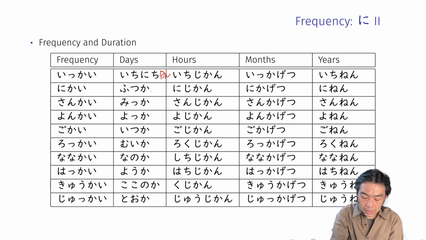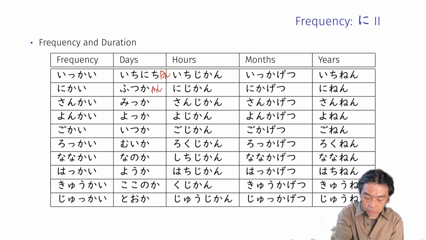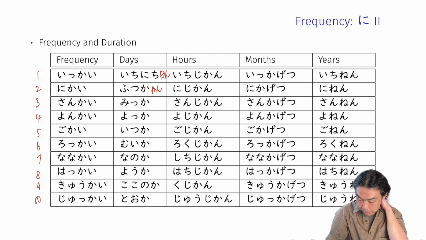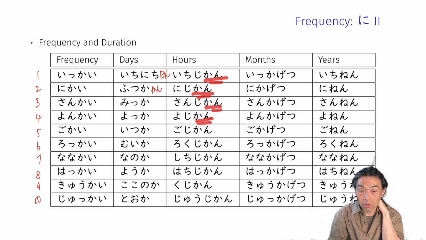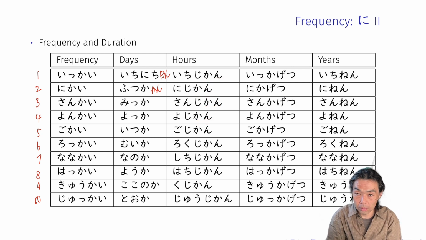The same way 2日間, meaning 2 days. So this is 1, 2, 3, 4, 5, 6, 7, 9, 10. For hours, 1時間、2時間、3時間, and as I said, kan is always used. You have to say kan for hours.